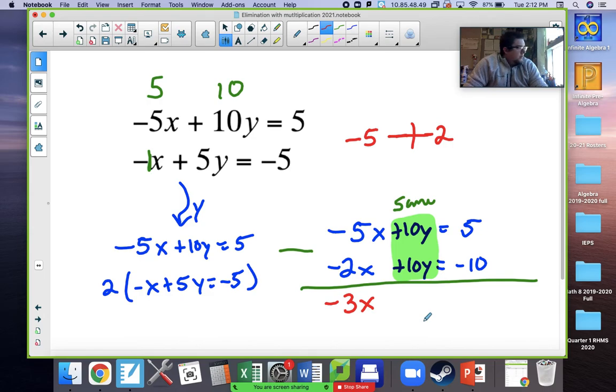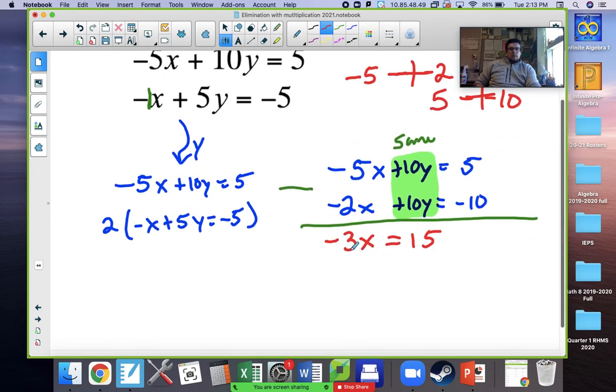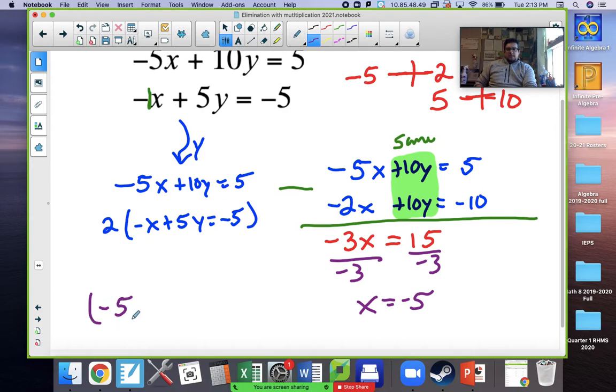Those two negatives become a big old plus sign. We have our negative 3x. We then take 5 minus negative 10, and that gives us 15. Again, 5 minus negative 10. We solve, and x is -5.